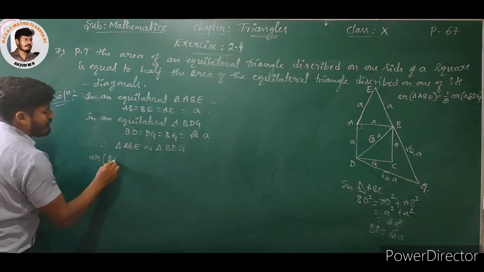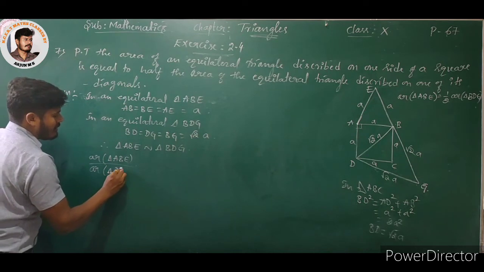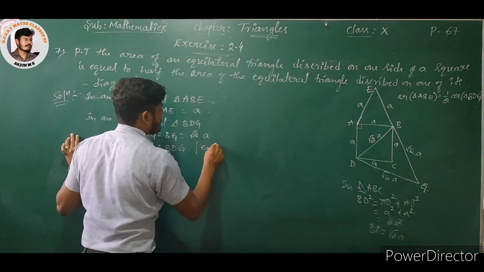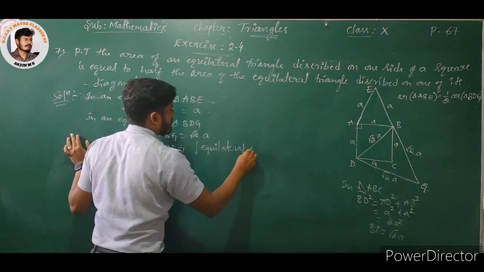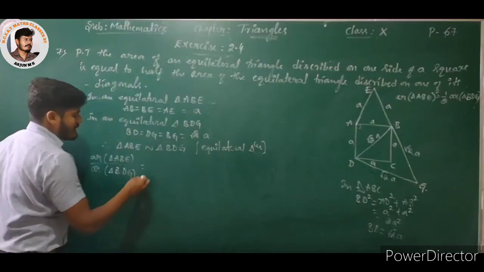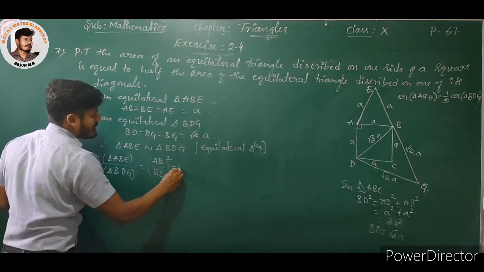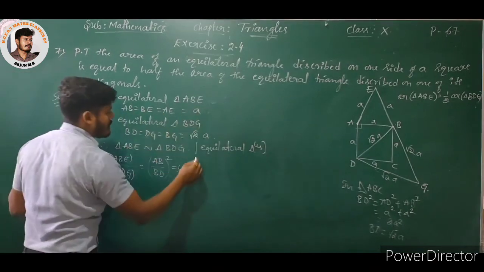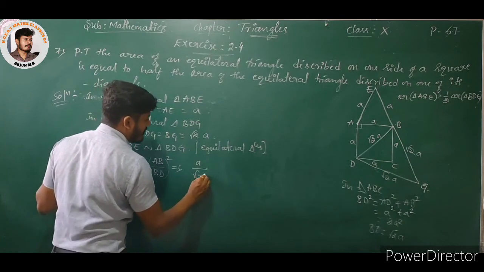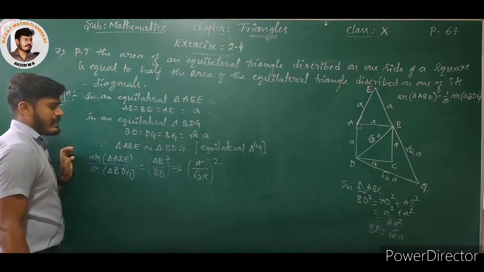Area of triangle ABE divided by area of triangle BDG is equal to AB divided by BD whole square. This implies AB is equal to A, divided by BD which is root 2A, whole square. So then A gets cancelled out.